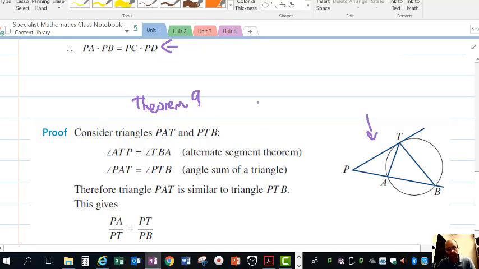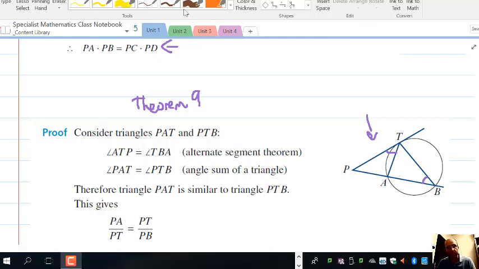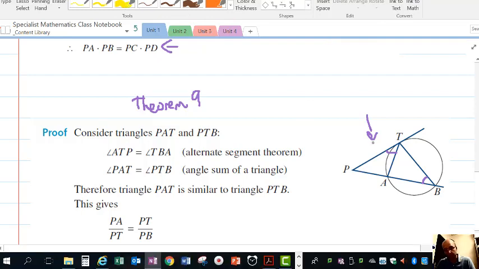So we've got ATP, which is there, equals TBA, which is there. You'll remember the alternate angle theorem that said this angle here, well, I wanted a different color.